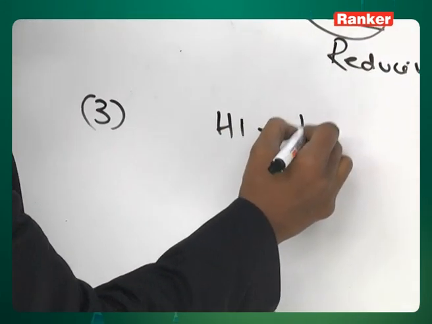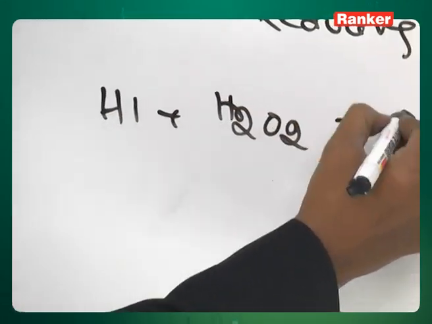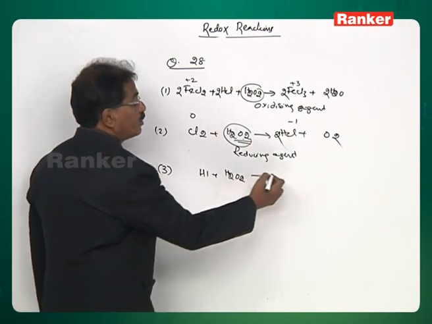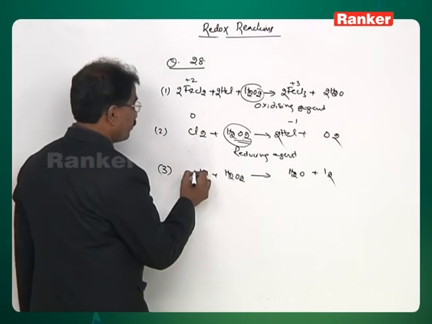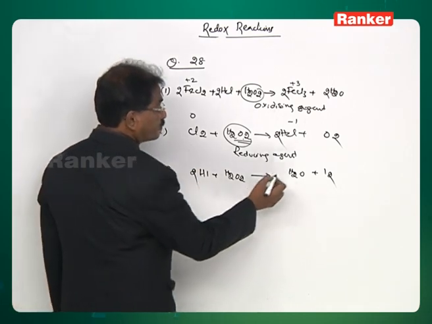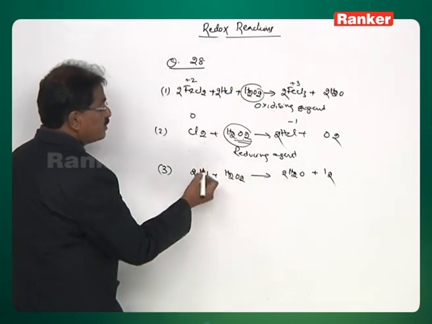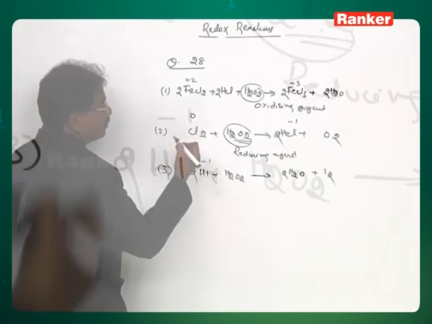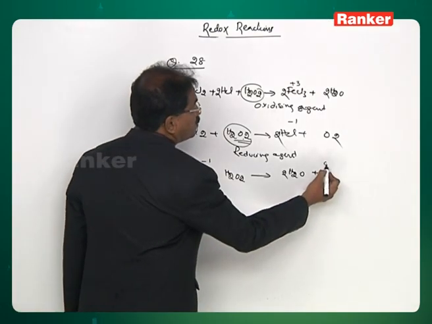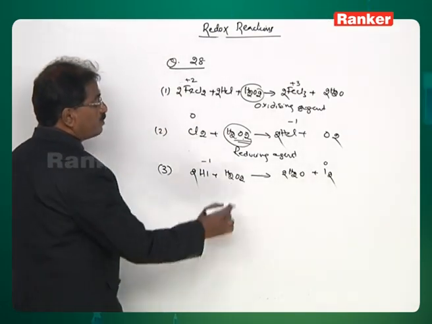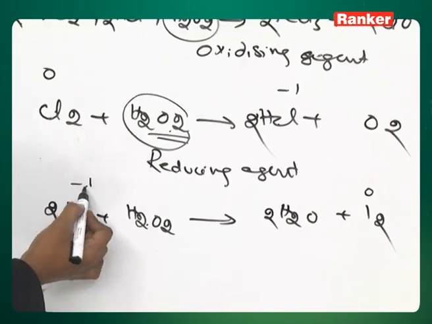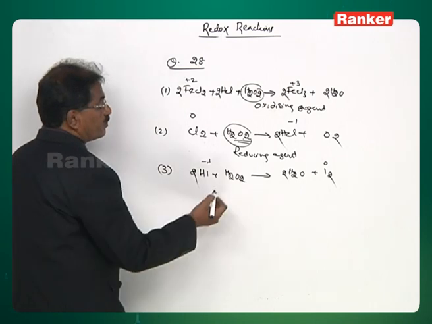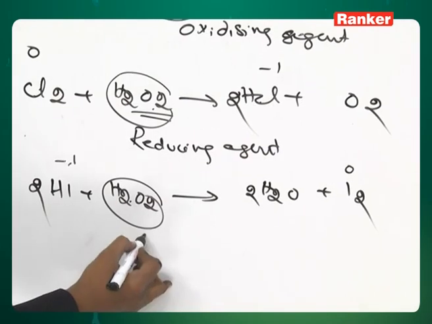Next, in the third reaction, hydrogen iodide plus H2O2 gives H2O plus I2. In this reaction, the oxidation state of iodine is -1 here, 0 here. That means because of the reaction with H2O2, the iodide is undergoing oxidation. Therefore, H2O2 is acting as the oxidizing agent.